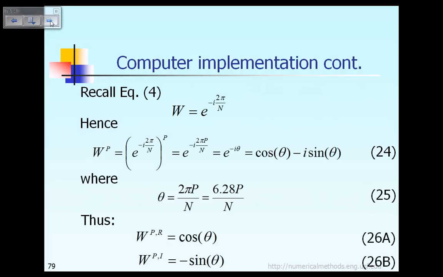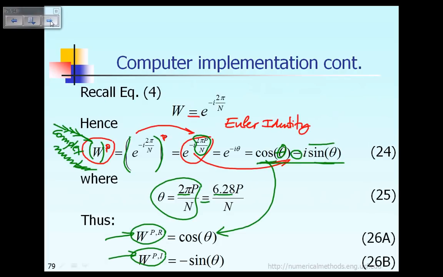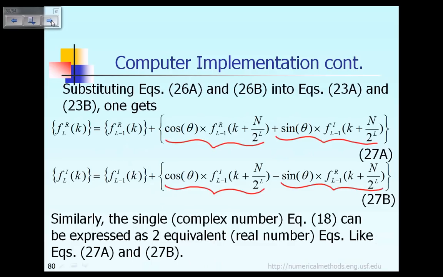Now, instead of WPR, we say WPR is the same thing as cos of theta. That's why, as you can see on the next slide, that term is right here, cos of theta.